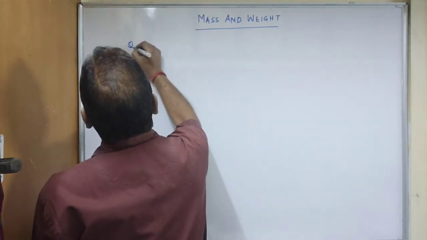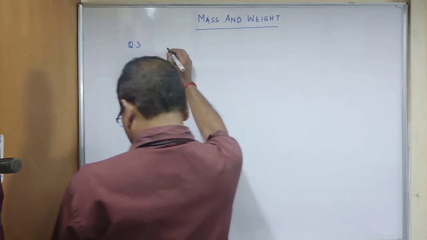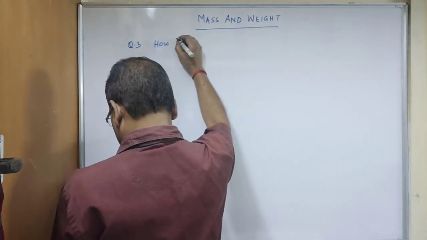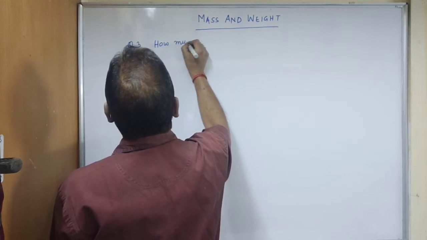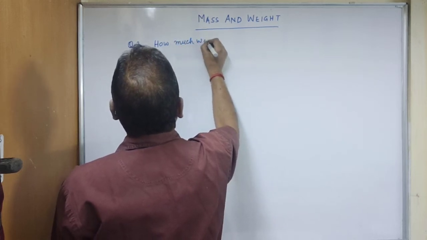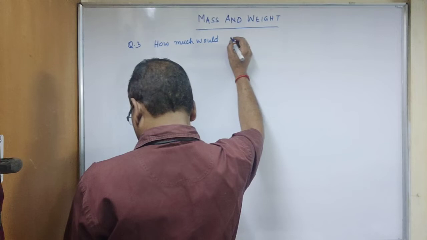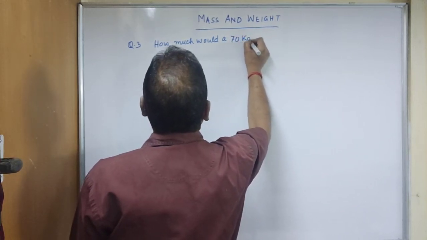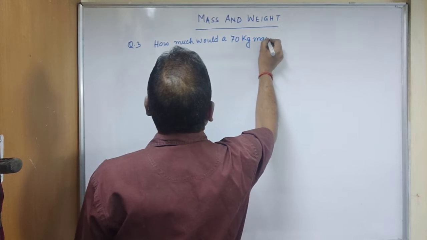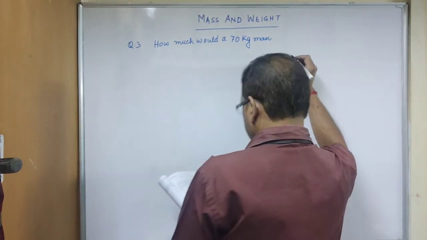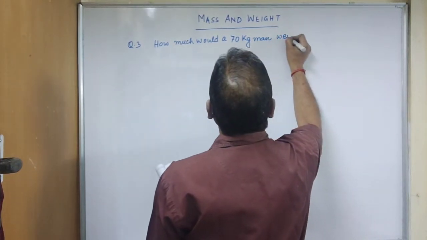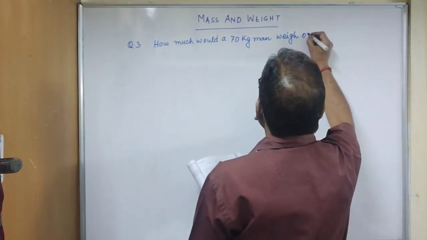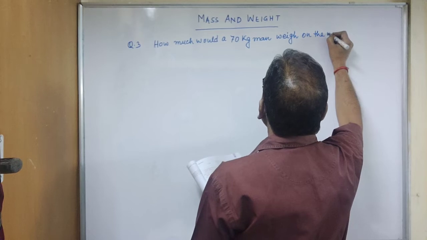Question number 3 is, how much would a 70 kg man weigh on the moon?